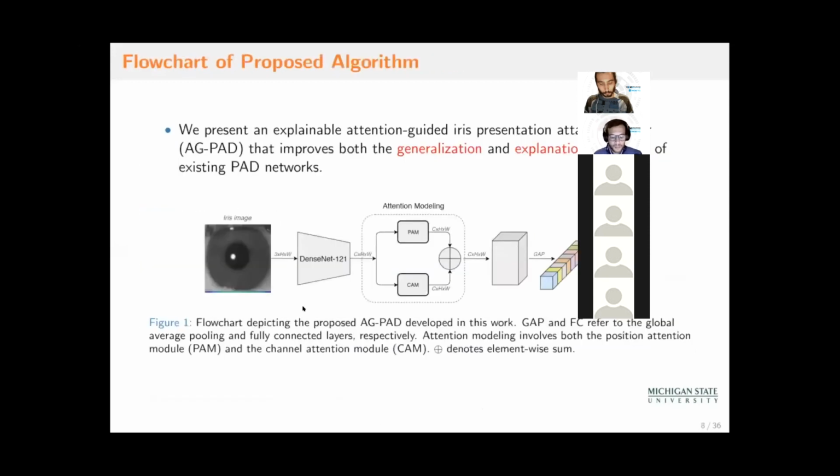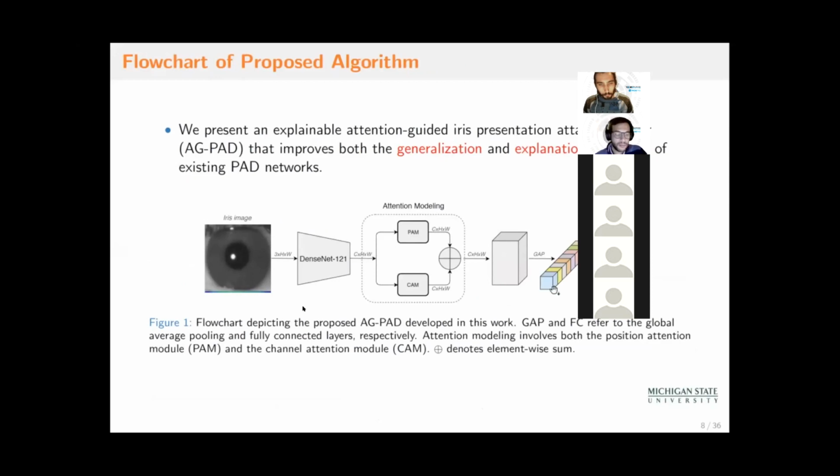For our proposed method, here is our flowchart. We call our method the attention-guided iris presentation attack detector, which is short for AGPAD. Our proposed AGPAD improves both the generalization and the explanation capability.